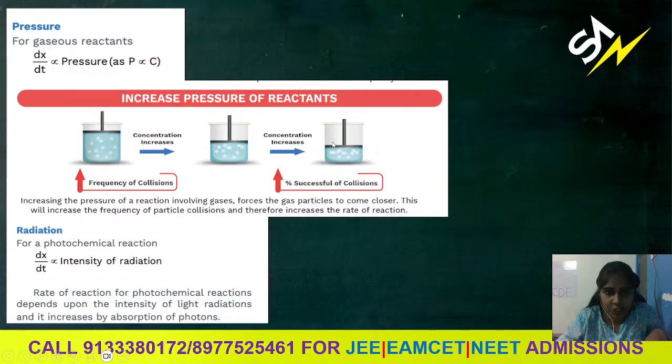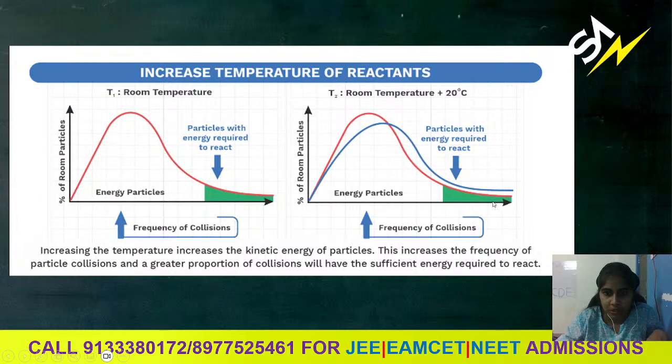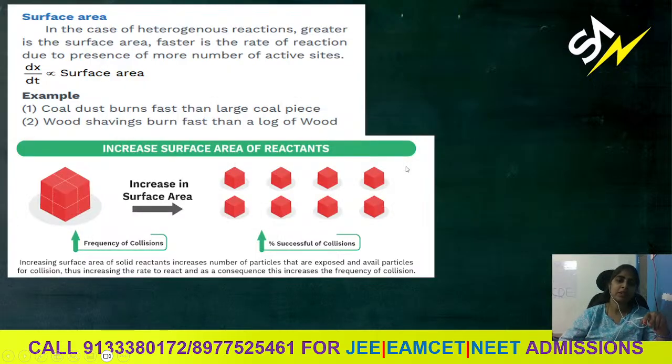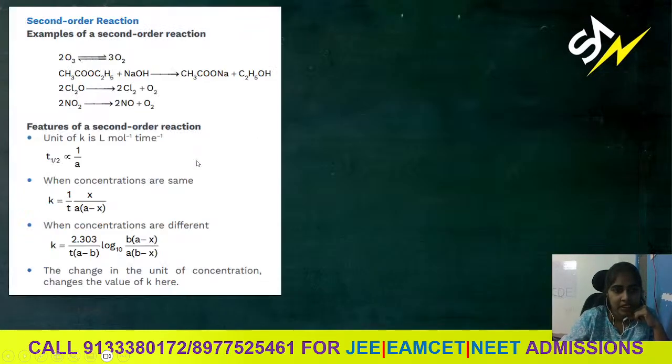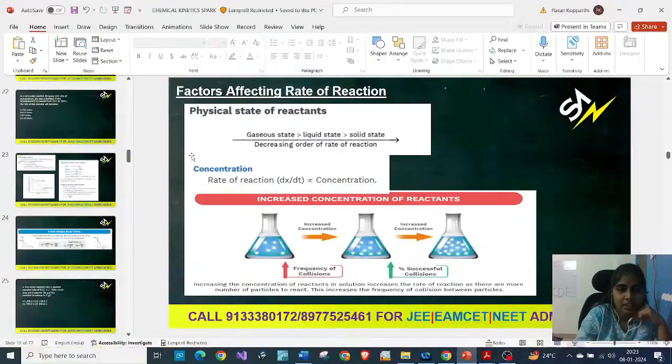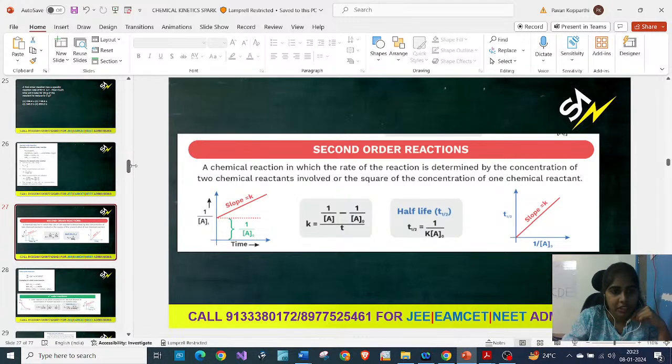In terms of pressure also, there is a higher percentage of collisions if pressure increases, and in terms of temperature also more collisions take place. In terms of surface area also, the successful collisions percentage increases when surface area is increased. So these are the factors which explain the rate of reaction in the form of collisions.